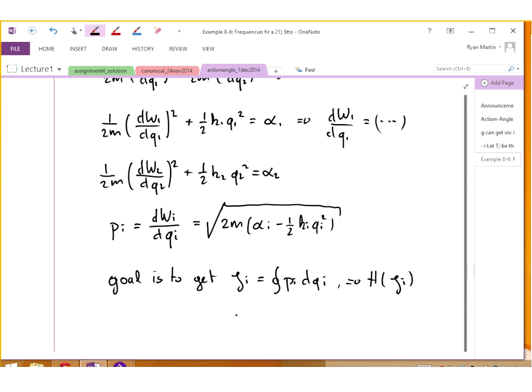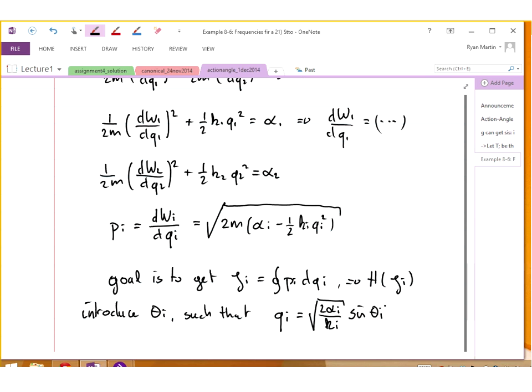Now it turns out it's not mathematically super convenient, so I'm going to re-express q_i. I'm just going to introduce a new variable, theta_i, such that q_i is equal to the square root of 2α_i over k_i, that's all square rooted, times sine theta_i.